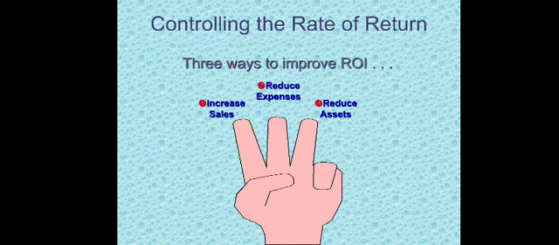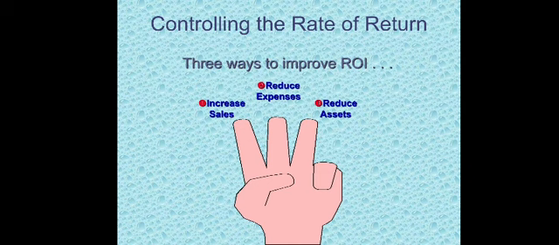If you see the way to calculate the ROI, a responsibility center can improve its ROI by three ways. First, the center can improve ROI by increasing the sales or revenue. Second is by reducing expenses, and third by reducing the asset.